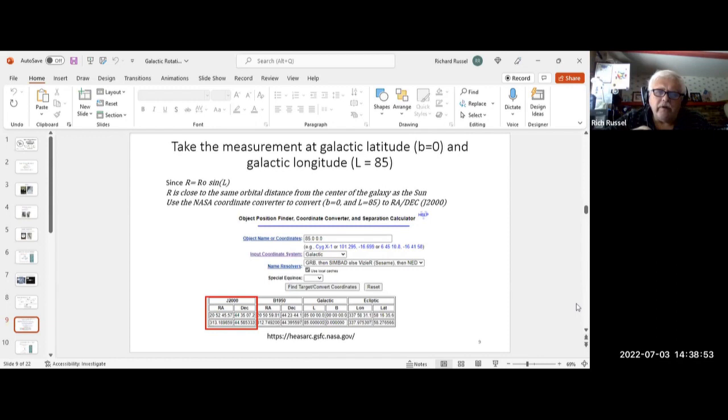Then you can put your numbers in here in galactic coordinates, and it'll spit out your J2000 right ascension declinations. And so that's what I did. And so what you see there is the right ascension for 085 is 20 hours, 52 minutes, and then declination of 44 degrees, 35 minutes.